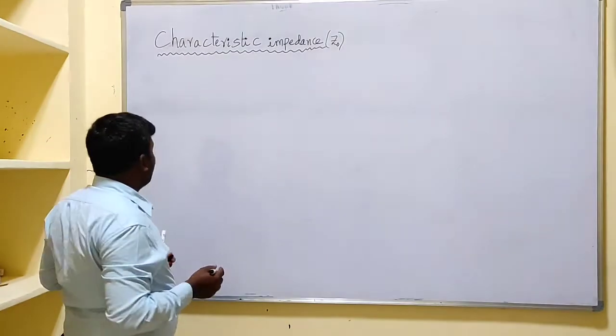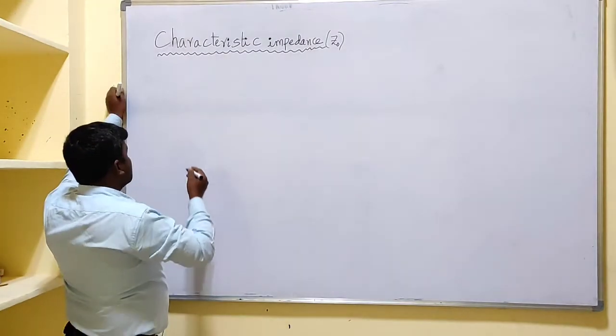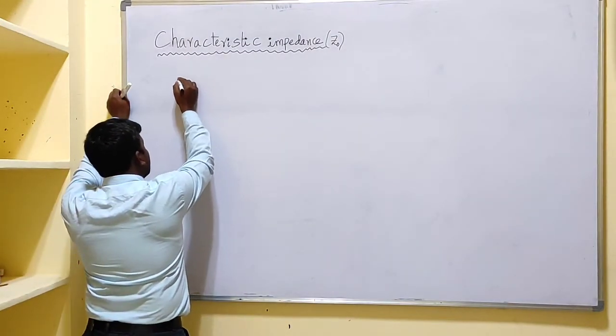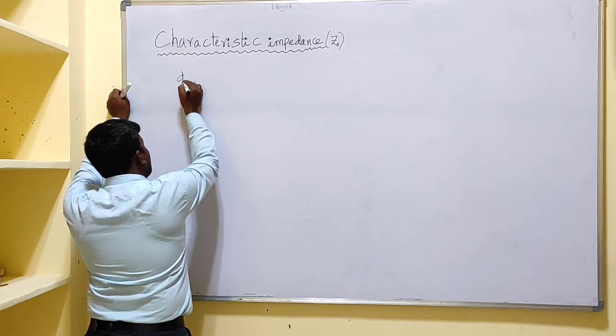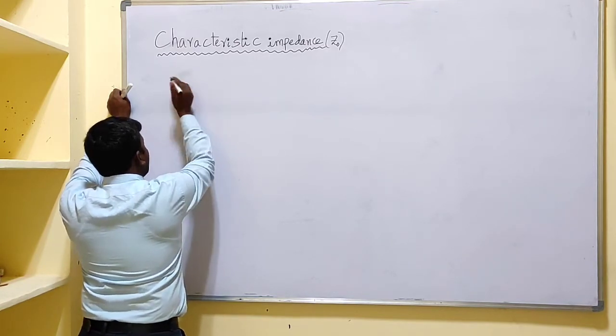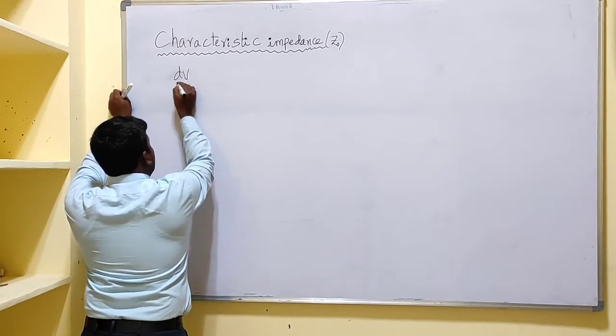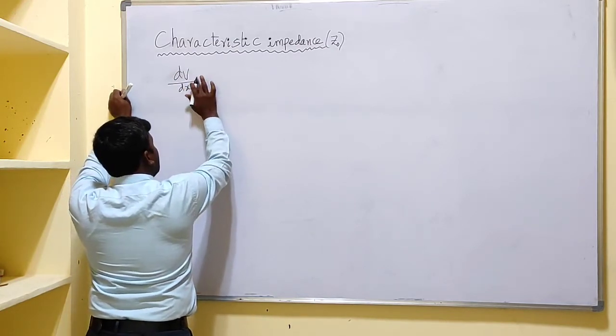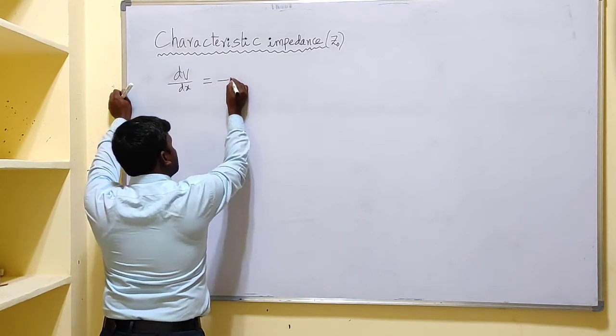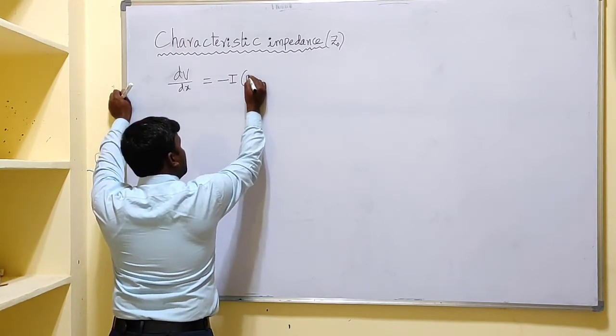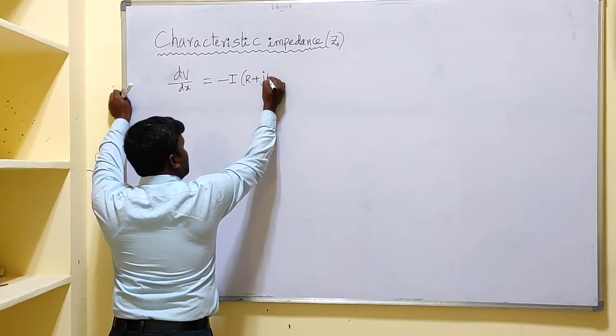In the last video we derived transmission line equations like this. I will write those equations here. dV by dx is equal to minus I into (R plus j omega L).